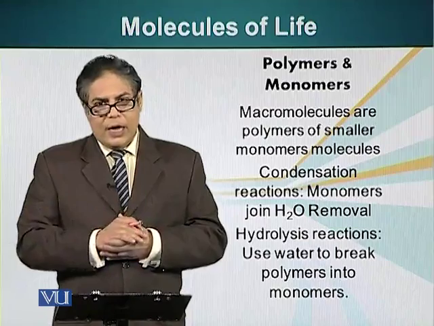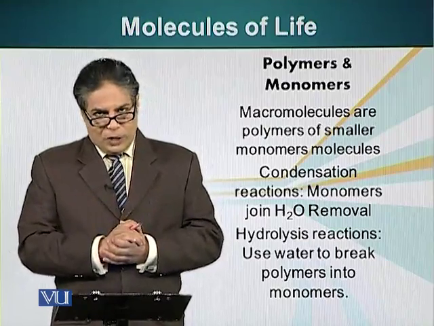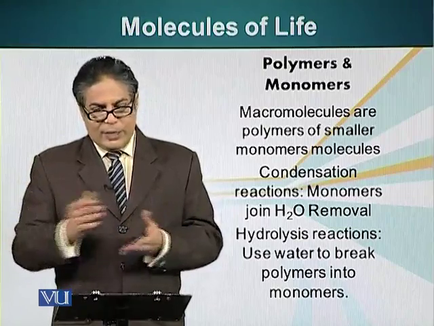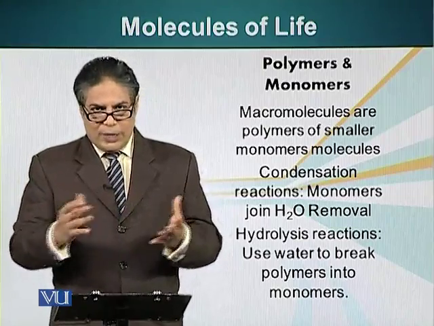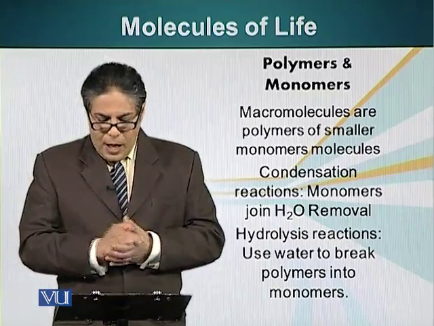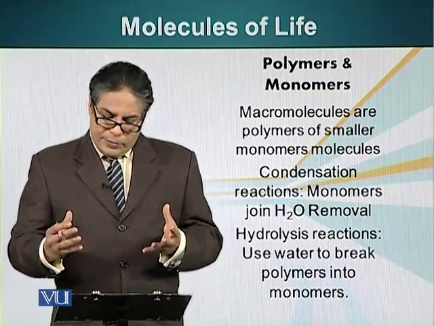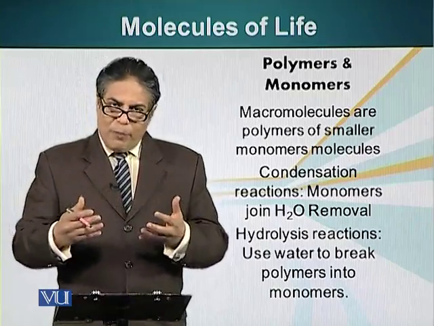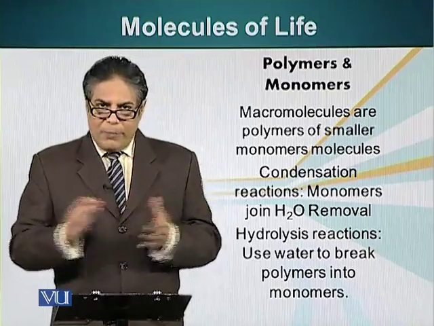We looked at the basic structure of some of these smaller units: amino acid, carbohydrates. We looked at glucose, and we also looked at the basic unit of DNA, and also lipid. These monomers form polymers by forming covalent bonds between them.